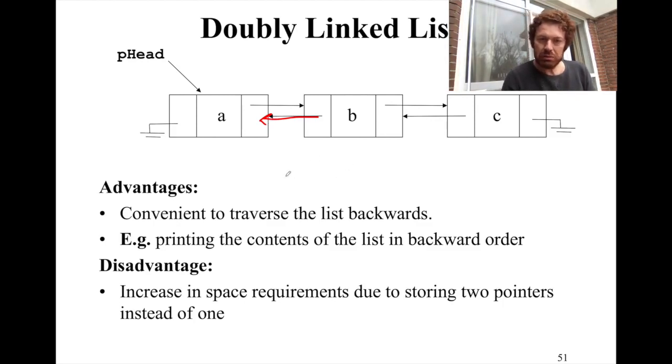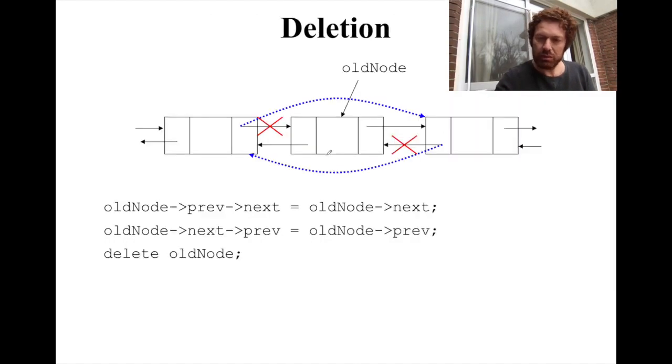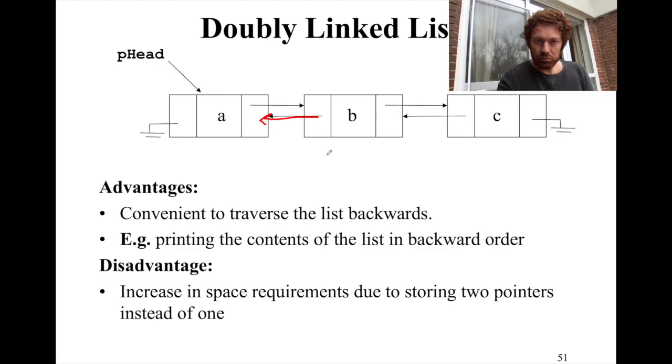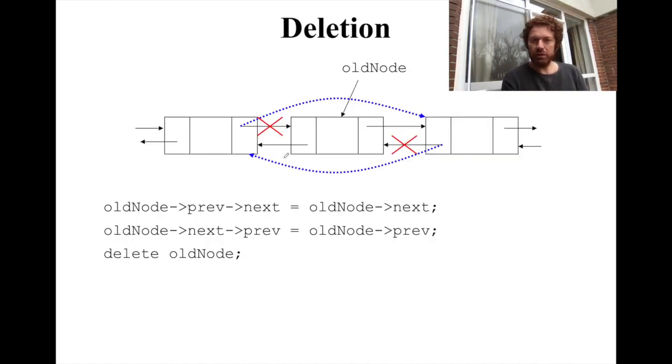The disadvantage is that now I am doubling the pointer size, but as I mentioned in the beginning, the pointer size is just a 32-bit thing, so it is really not a big deal. So let's do more on this double linked list. It is more powerful than a regular linked list because I am supporting back movement easily.